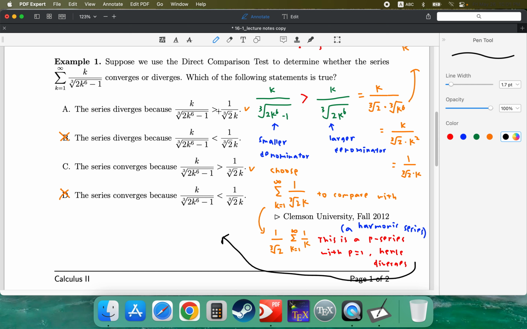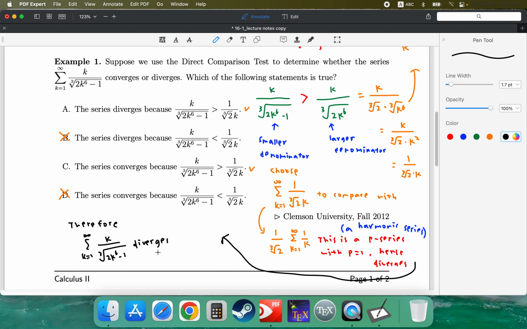We earn more than Bruce Wayne, and Bruce Wayne is rich. So that means we will be super rich. So therefore, the original series also diverges.